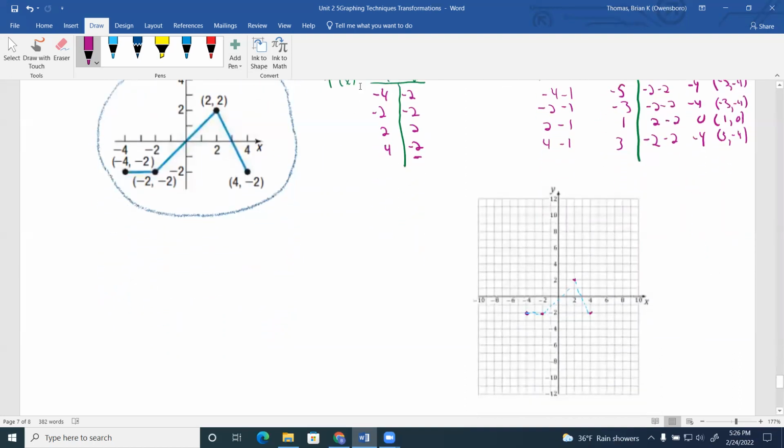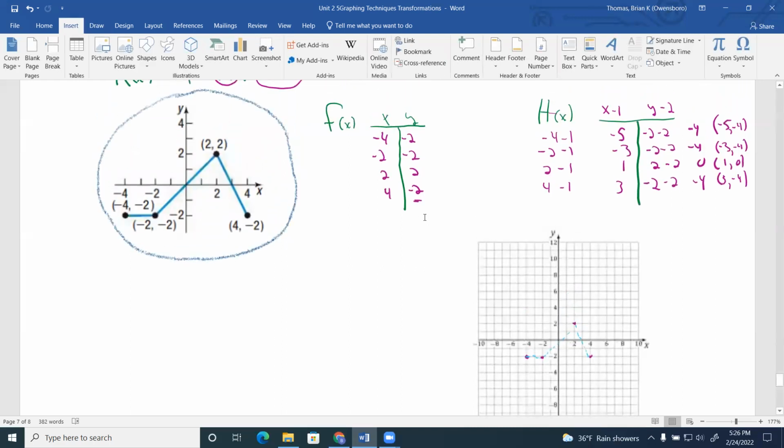So I have -5, -4, would be here. -3, -4. 1, 0.